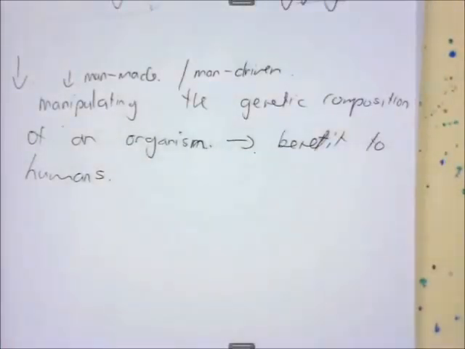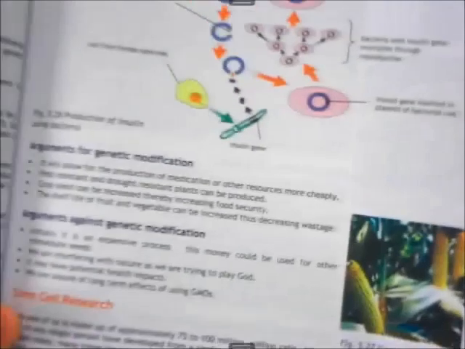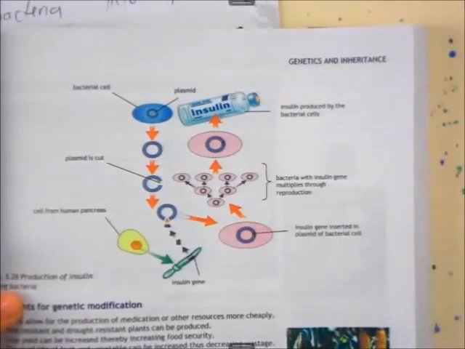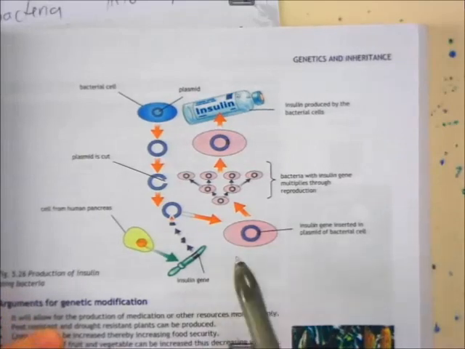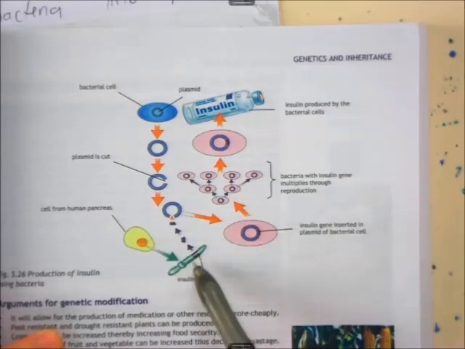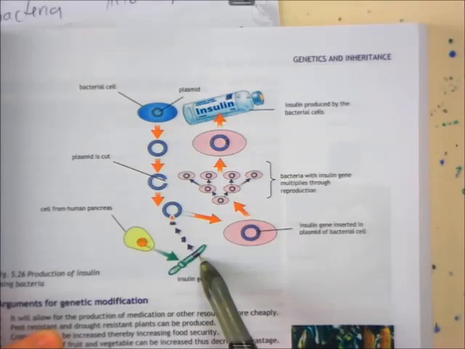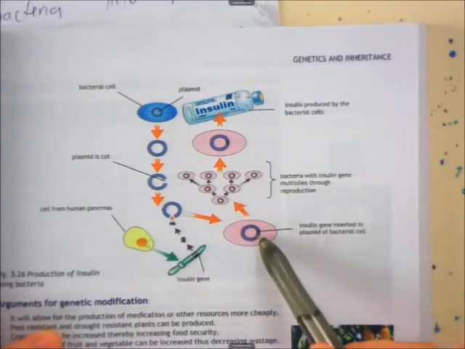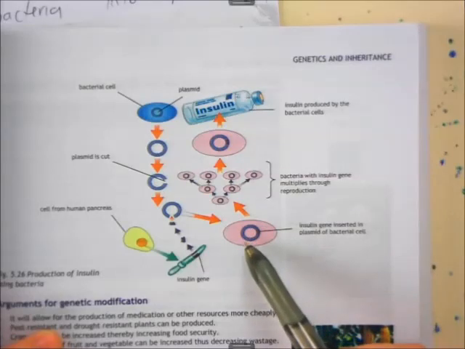So just going back to the idea of insulin, I'd like to just show you quickly how this could work. What you do is you take the code for insulin from a pancreatic cell, you isolate that gene, and then you remove a thing called a plasmid from bacterial DNA. It looks kind of like this, just in terms of the drawing.